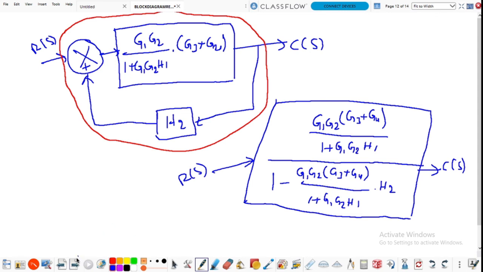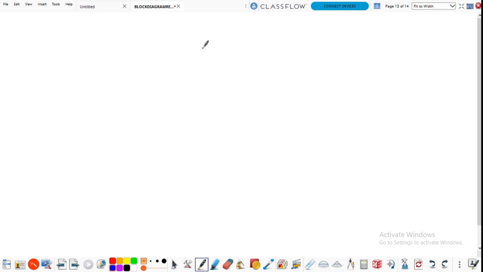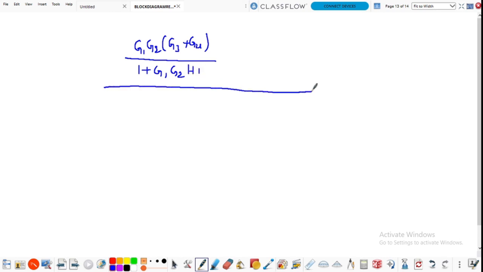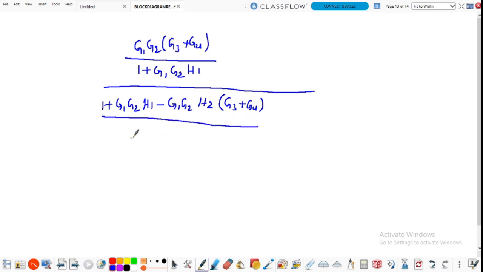The denominator term, take the LCM, so 1 plus G1 G2 H1 minus G1 G2 H2 into G3 plus G4 by 1 plus G1 G2 H1.